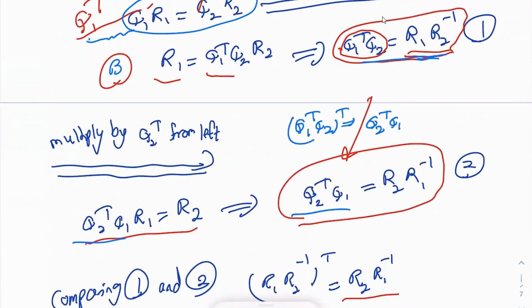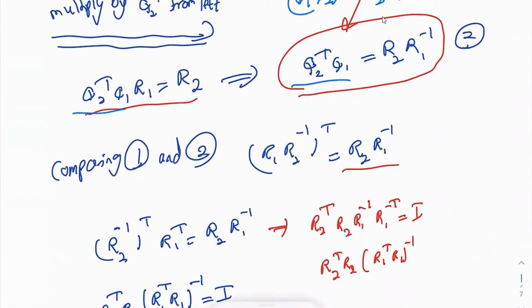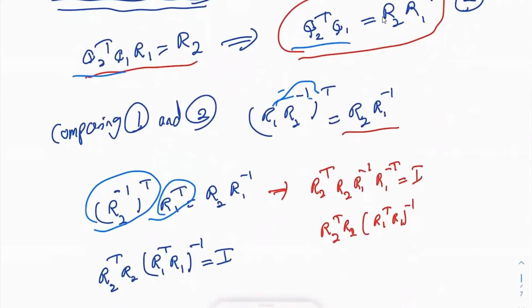If you transpose the right-hand side of equation 1, you should get the right-hand side of equation 2. What is going to happen is that you get this R2 inverse transpose, using properties of the transpose, and this R1 transpose comes here. They switch their places, right? You get R2 R1 inverse.